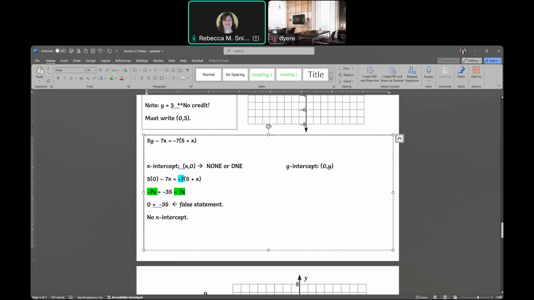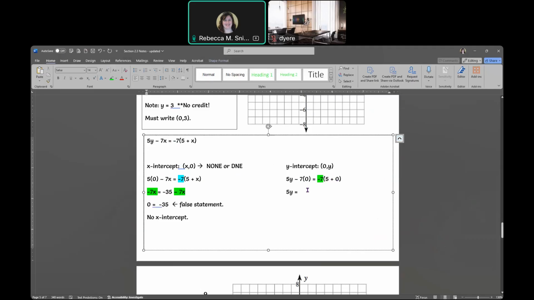So this becomes 5y minus 7 times 0 is equal to negative 7 times the quantity 5 plus 0. Anything times 0 is 0, so I'm left with 5y is equal to, and then I have to distribute this term through.